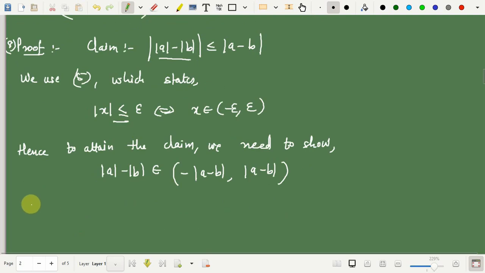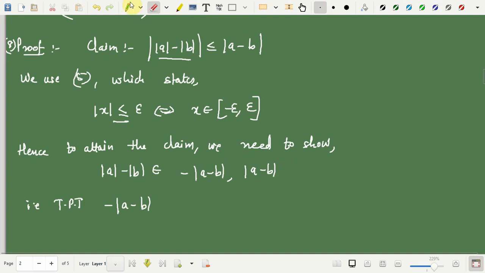So that is to prove that, I would write this down using the definition of open interval. So this lies in between these two numbers. So that is same as minus mod of a minus b less than, okay, in this case since the equality is considered, this would be the closed interval, and here also this would be the closed interval.